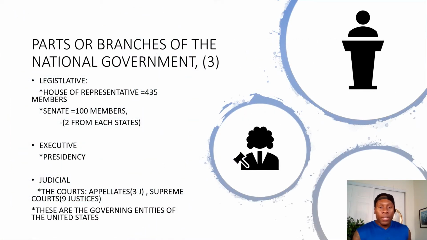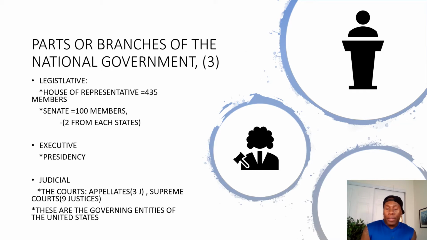Now the branches of the national government. There are three of them. You pretty much know about the legislative branch, which is the Congress, and there are two parts of the Congress, the Senate and the House. The Senate has 100 members, two from each state, and the House has about 435.